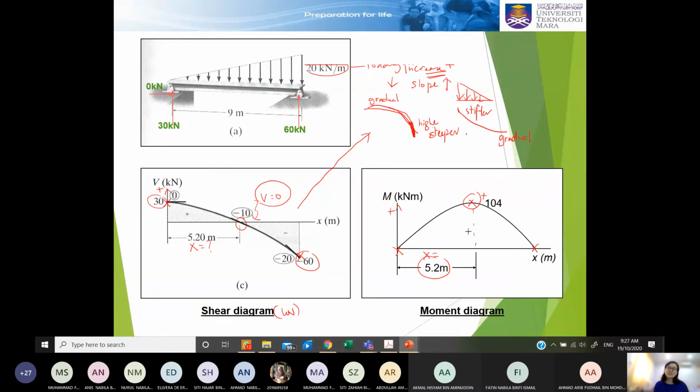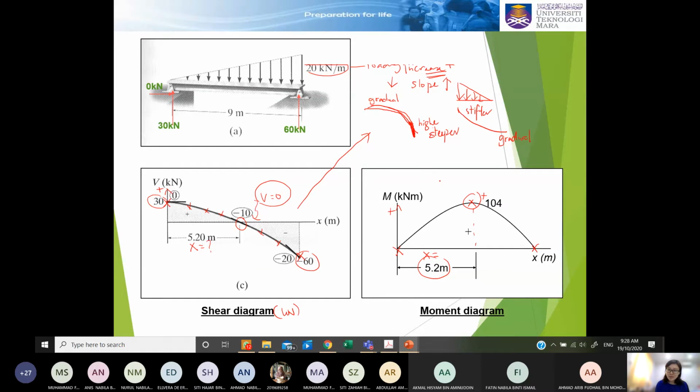So this is some curve that you need to play around with. If you are not familiar with these curves, what I would advise you is to plot a few more points: what is the x at 1 meter, 2 meter and 3 meter, then plot a few of these points so that you can visualize how the bending moments are drawn.